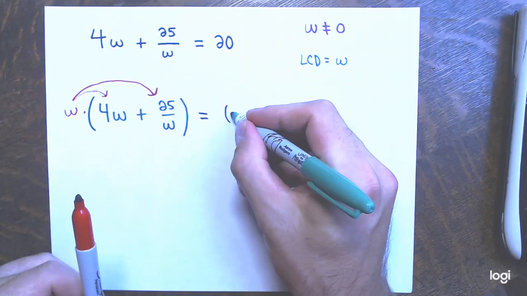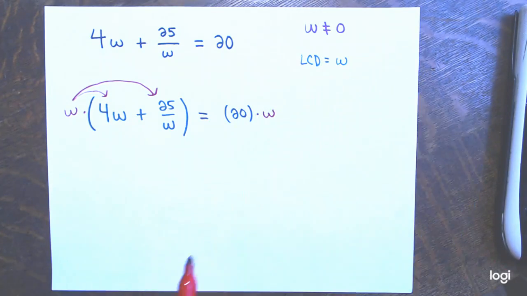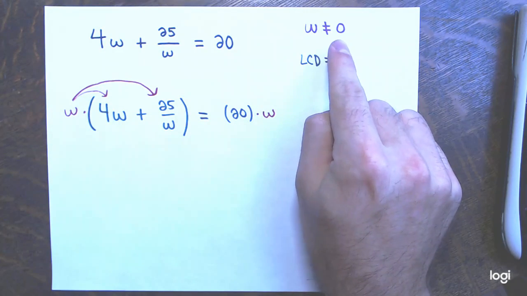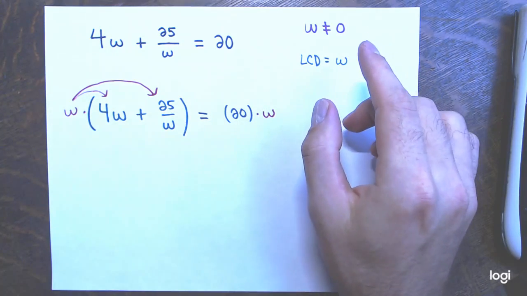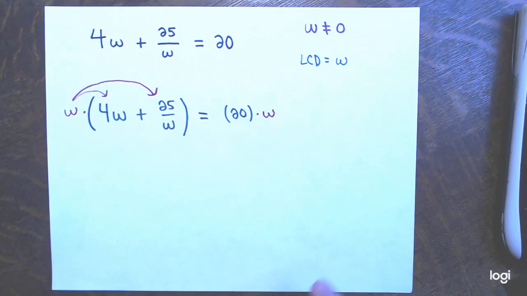Equals, and then take the other side, 20, and also multiply it by w. Right? And again, it makes sense to say that w is not 0, because if w were 0, that'd be awful. If you multiply both sides by 0, that eliminates everything, and you don't have any information at all about the equation. All right, so let's see what happens when you do this.